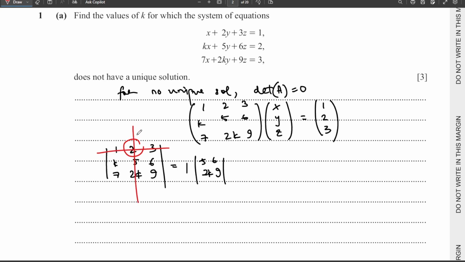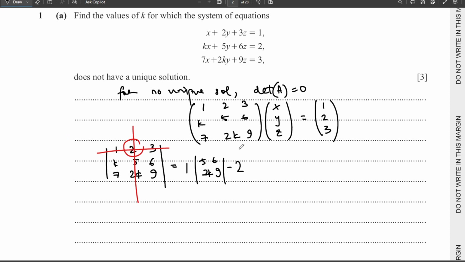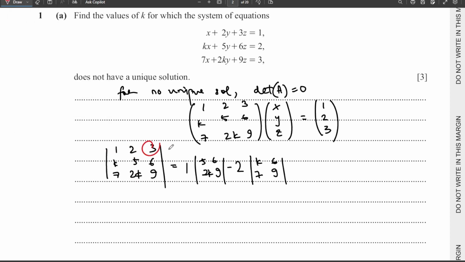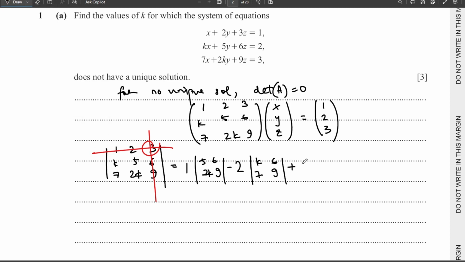We eliminate the row and the column, and in this case we have to minus the 2 because of the power of the matrix there. So we take the determinant of the leftover 2x2 matrix. Finally, we look at the number 3, the third column, and we eliminate this row and column, so we have plus 3 of the determinant of k, 5, 7, 2k.